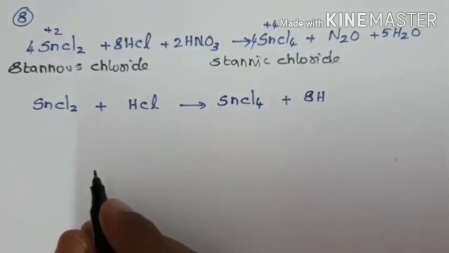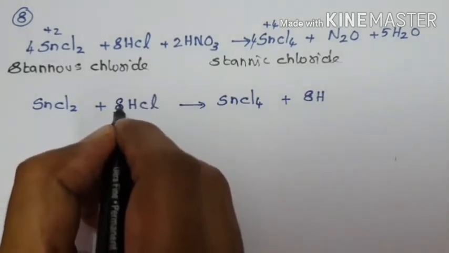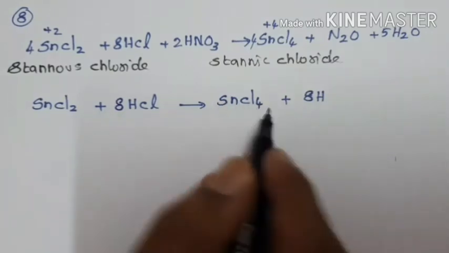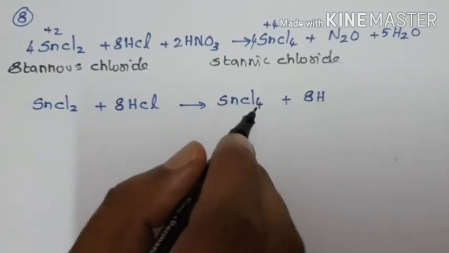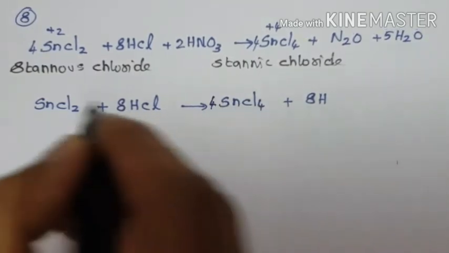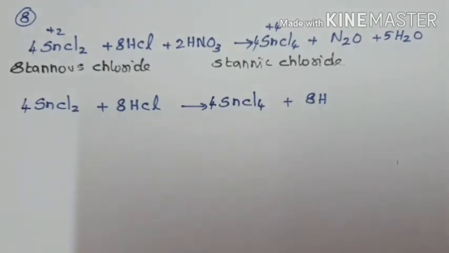When we balance, 8 hydrogen, and chlorine: here 2 chlorine, 10 chlorine. The nearest even number is 4 into 4 is 16, and 4 into 2 is 8, totally 16 chlorine atoms. First step.